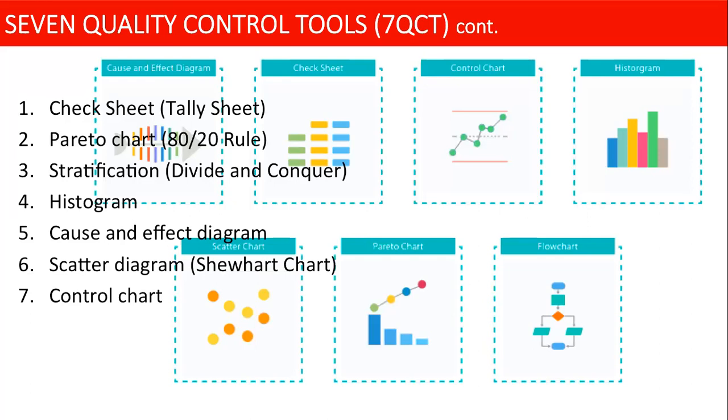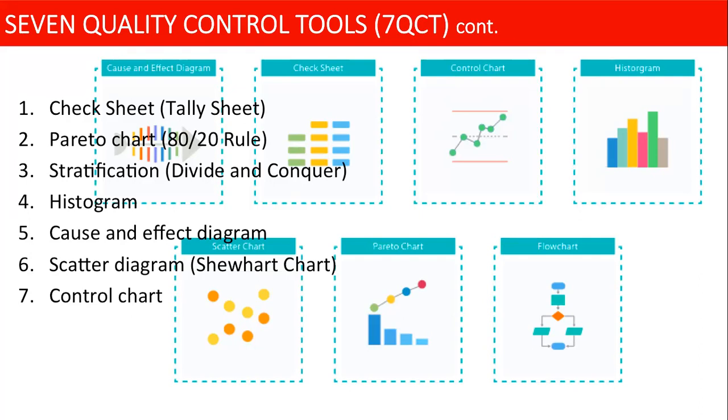Then scatter diagrams. You can see a picture here. How to develop scatter diagrams is also very important. And control charts: there are some similar things in histograms and control charts.